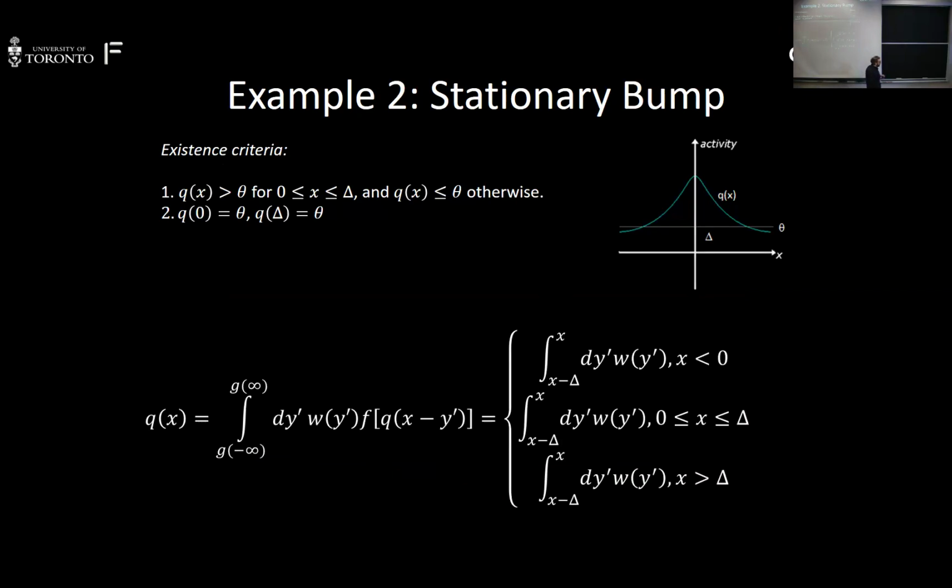We've got low to high to low, and what we've got is the domain of Q, so the part of space where our activity is above our threshold, is living inside an interval, that's going to be 0 to delta, and defined here. And so we have two transitions: transition into and transition out of.